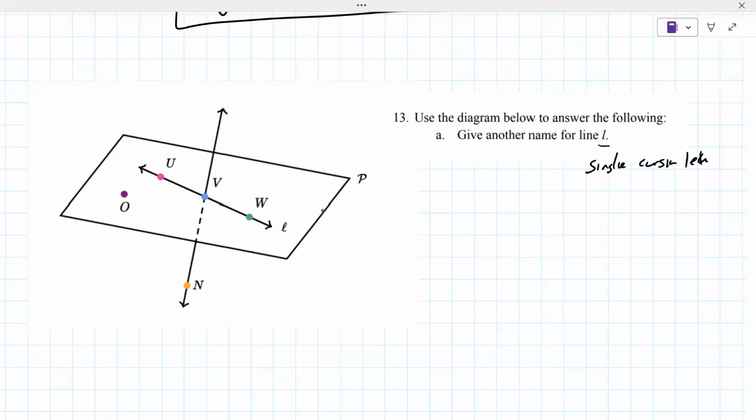All right, so what 2 points do you want to use? U and W. Okay, so it's UW, but you have to then put a line above it. It could also be UV. That would also be okay. Or VW. That would also be okay.